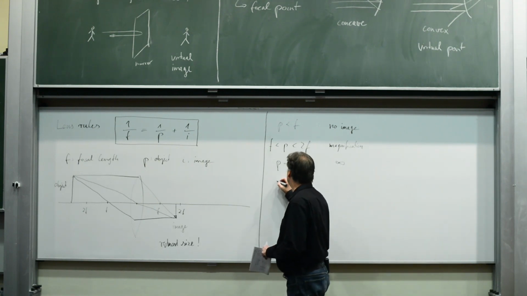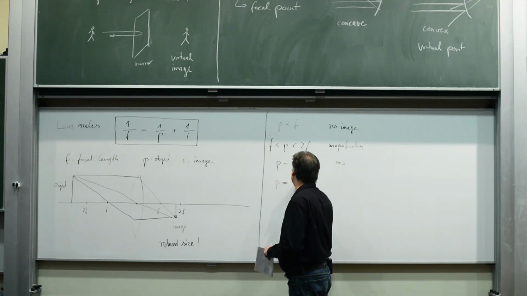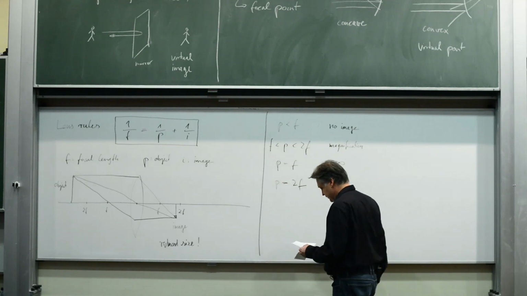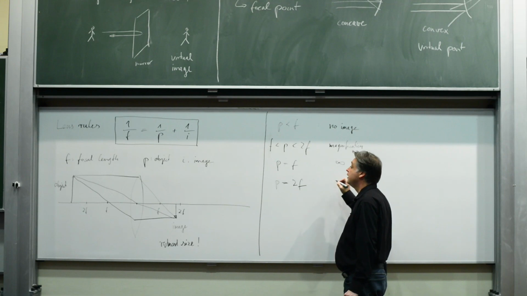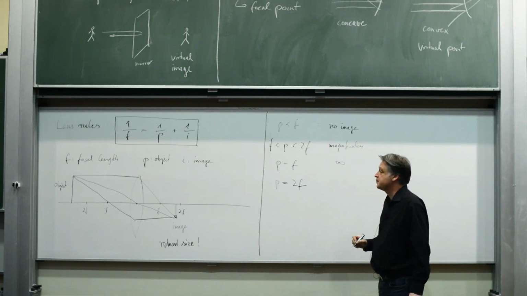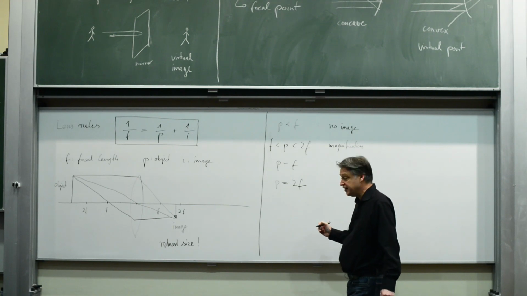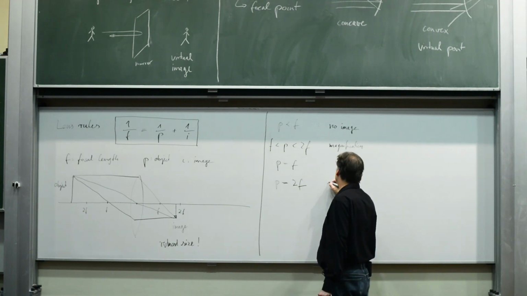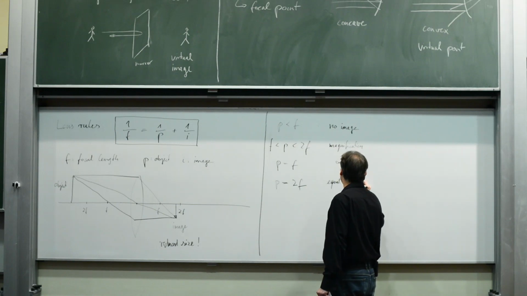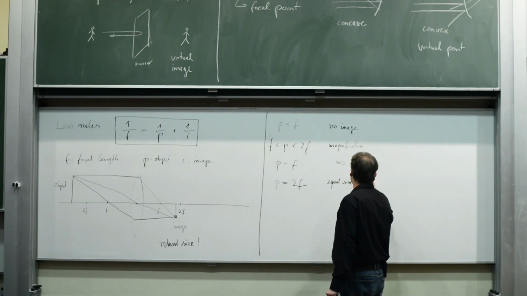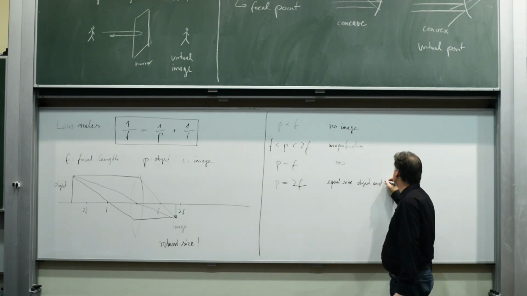If your object is directly at 2 times f, then actually the size of your image and the size of your object is equal. Object and image.